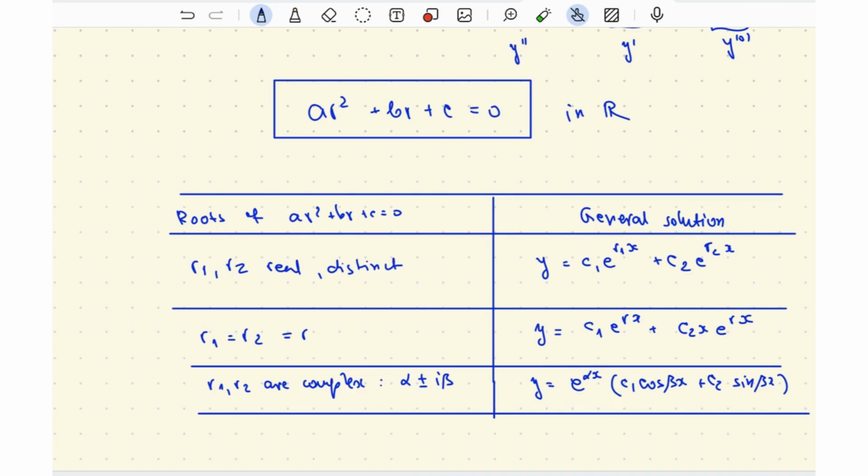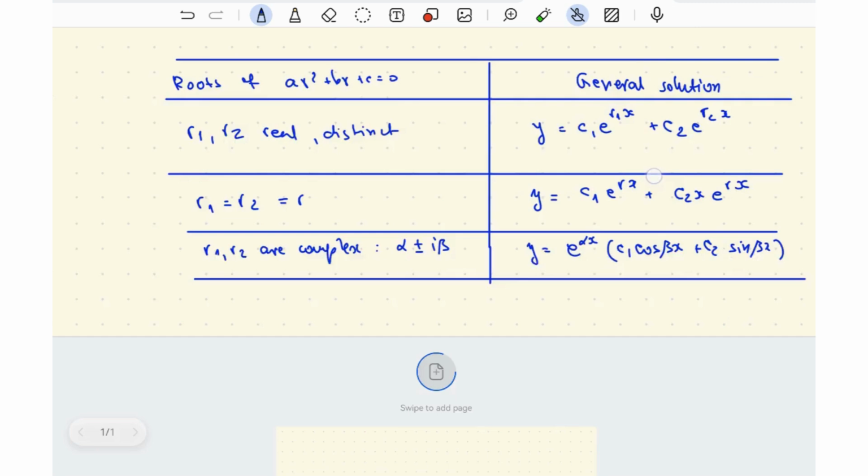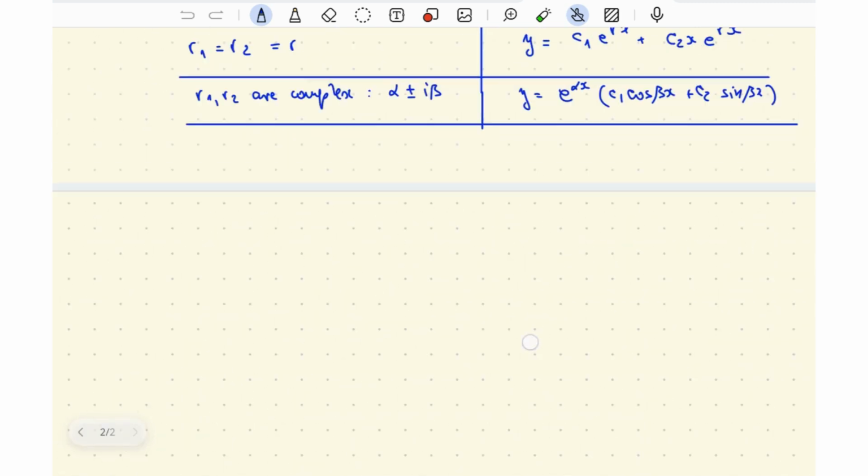Now let us see one example. The first example says: solve the differential equation y second derivative minus y prime minus 6y equals 0.